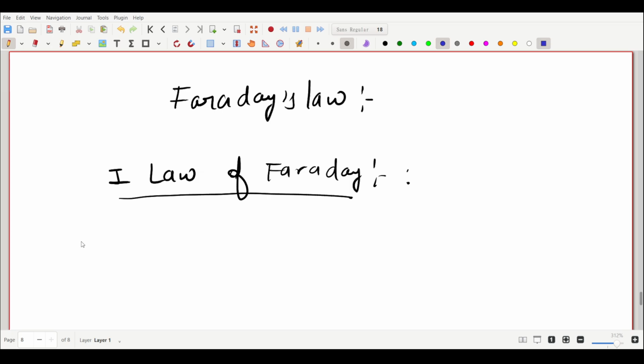And if a conductor forms a closed loop, induced current flows through it. This is the second statement of the first law. If the conductor forms a closed loop or coil, induced current flows through it.